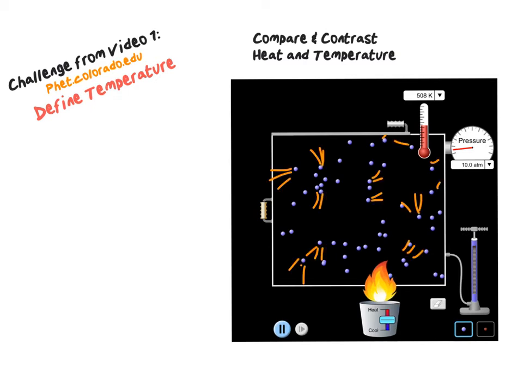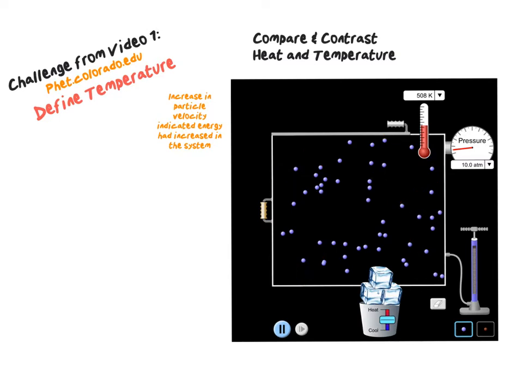That was my indication that energy was being added to the system, because I already do have a mechanical understanding that kinetic energy has to do with movement. Now, the more important one is that when I cooled the system or put ice adjacent to the system, I noticed that the particles started to move a lot slower. And that's how I knew that energy was removed from the system.